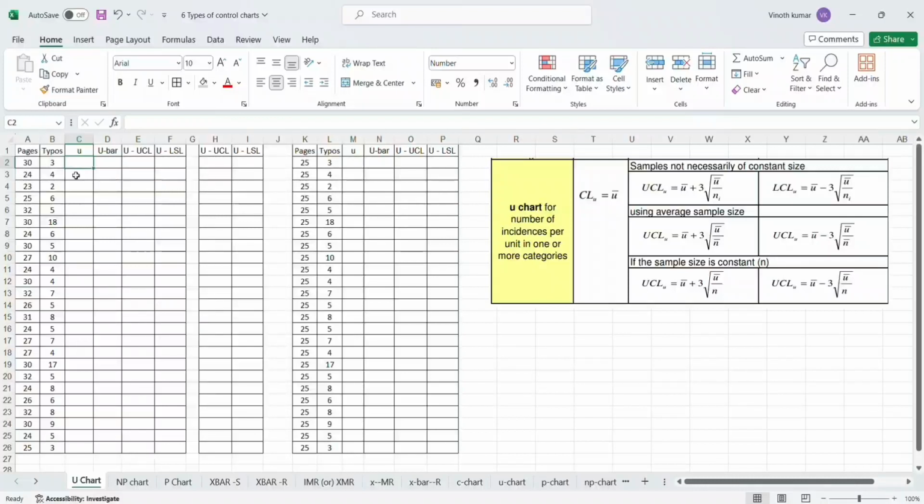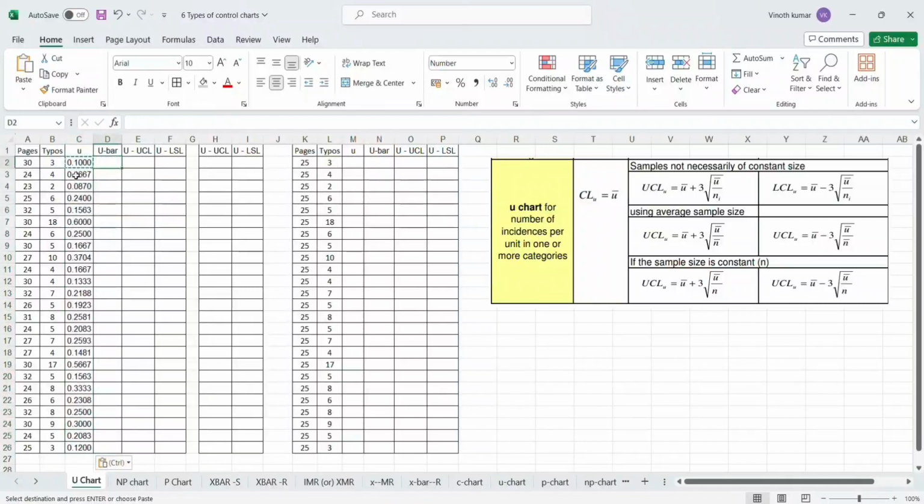To start with, defects per unit, U. How do we calculate that? Typo errors observed divided by pages converted gives my defects per unit. Let me calculate that value here.